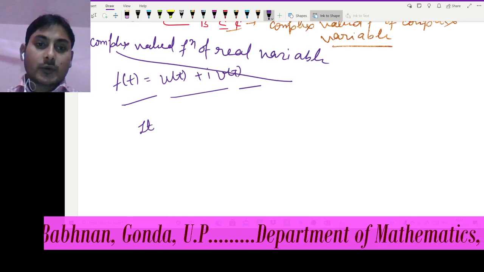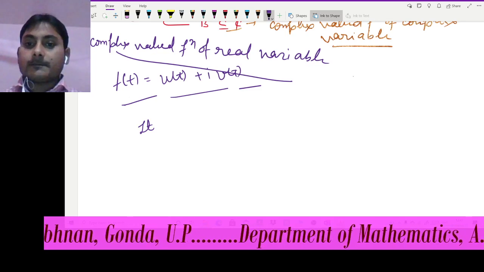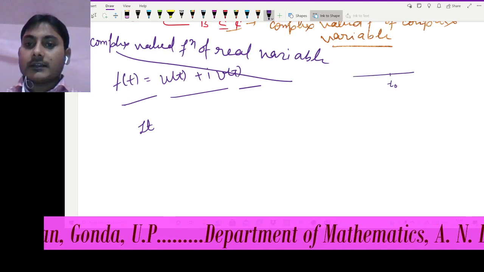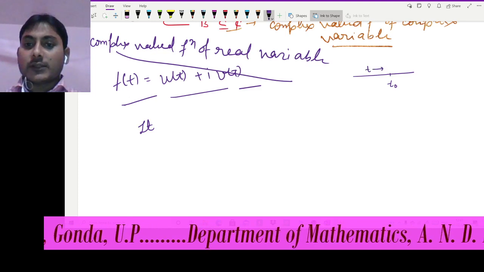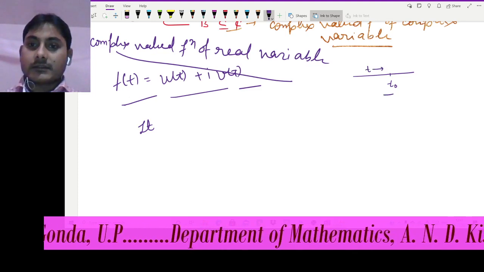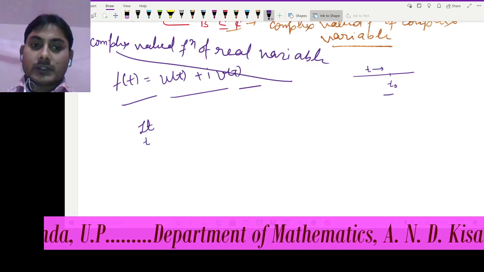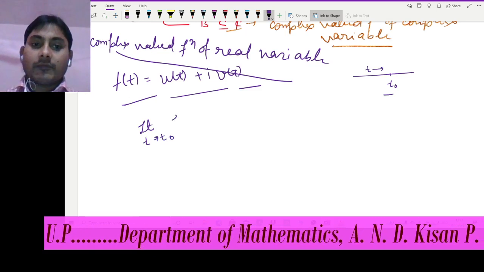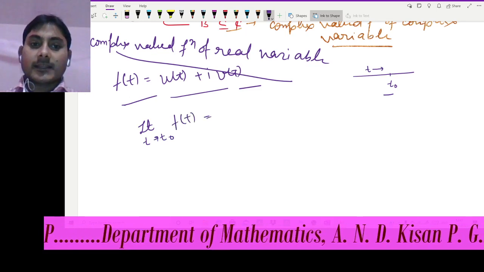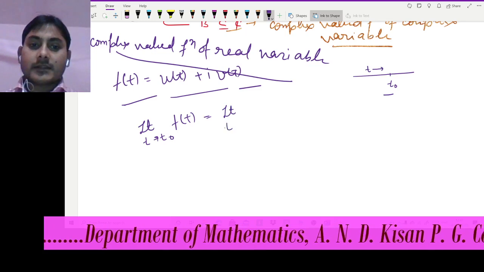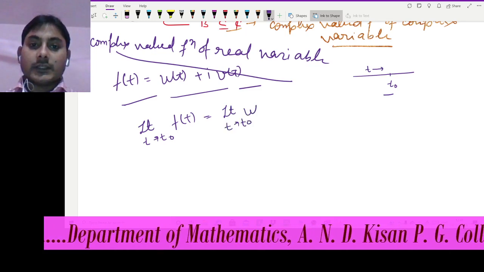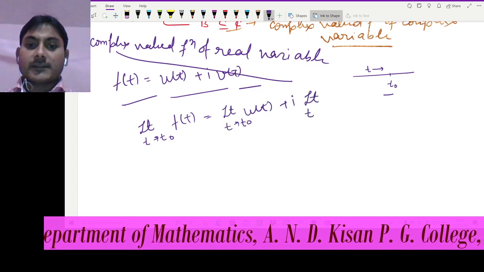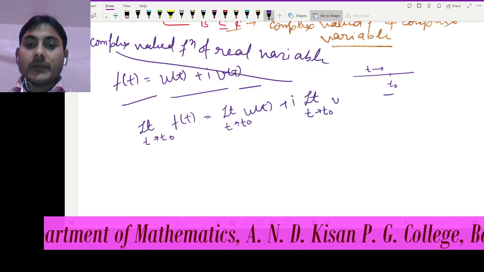Suppose t is approaching t naught, a point here, and if you want to take the limit, then limit t tending to t naught of f of t is equal to limit t tending to t naught of u of t plus iota times limit t tending to t naught of v of t.